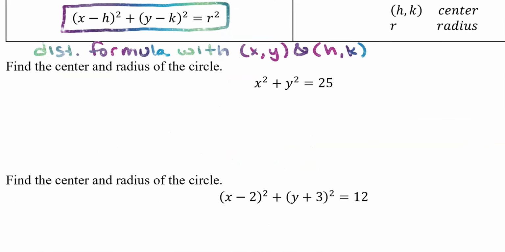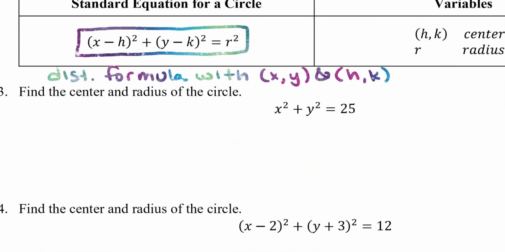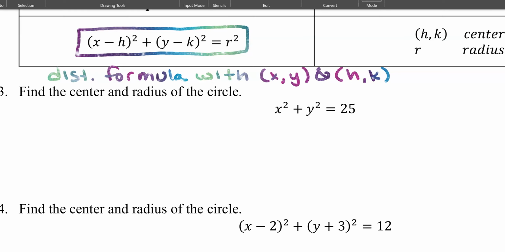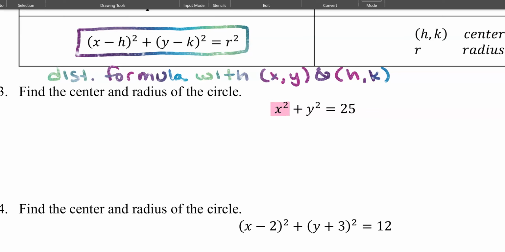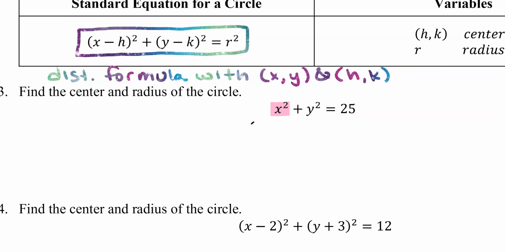So now, let's take this equation, x squared plus y squared equals 25, and write it in this standard form. So instead of writing x squared, I'm going to think about it as x minus 0 squared.